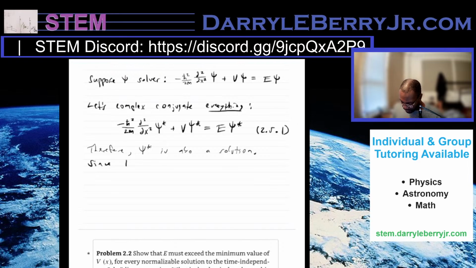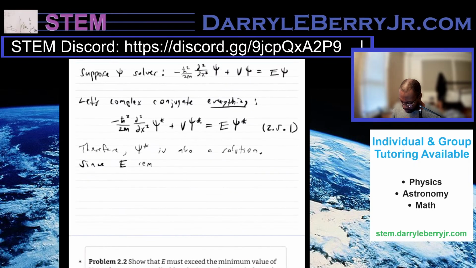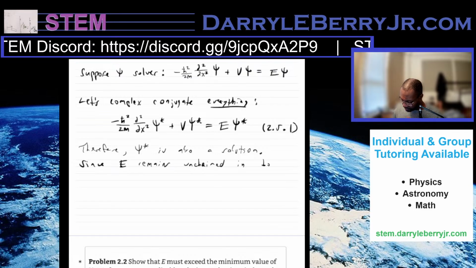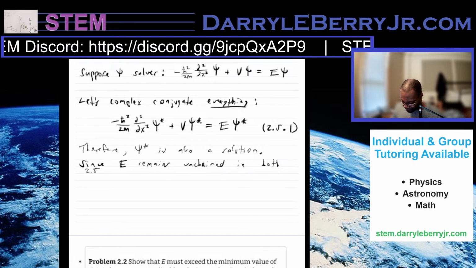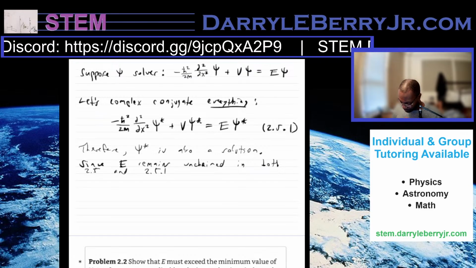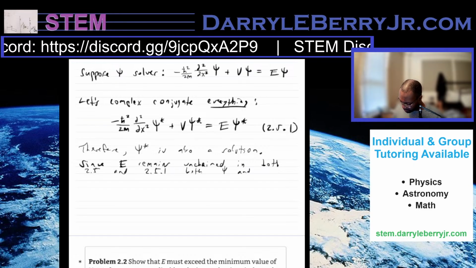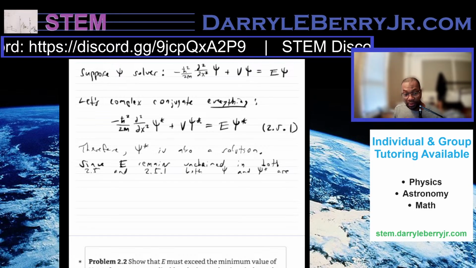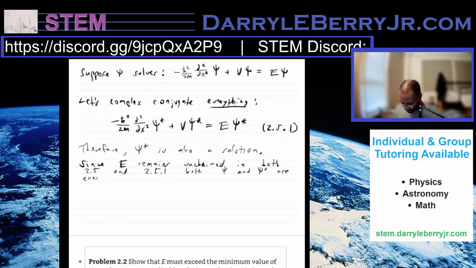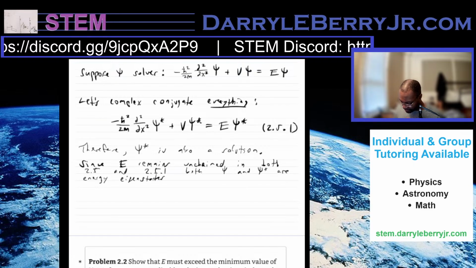Since E remains unchanged in both 2.5 and 2.5.1, both psi and psi star are energy eigenstates of E.